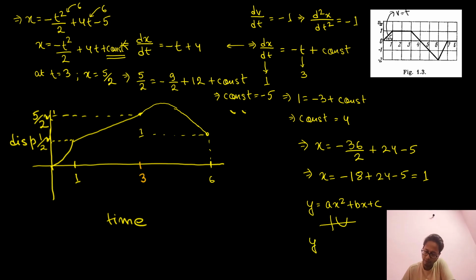And how does the graph of y is equal to minus ax square plus bx plus c look like? It looks somewhat like a downward parabola. So whenever the coefficient of a is minus, it would be downward parabolic. Whenever the coefficient of a is plus, it would be upward parabolic. So out here the coefficient of t square is minus, so it would be downward parabolic, and the value out here ends at 1.